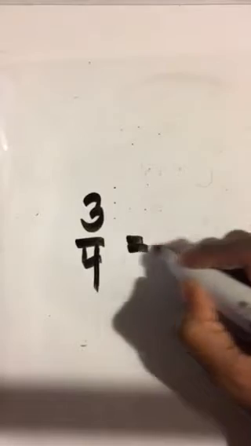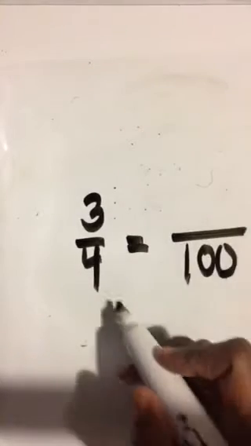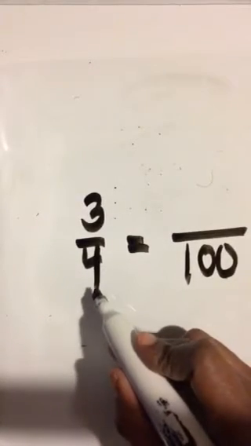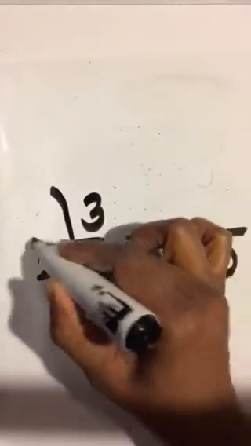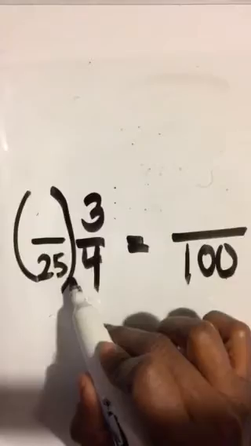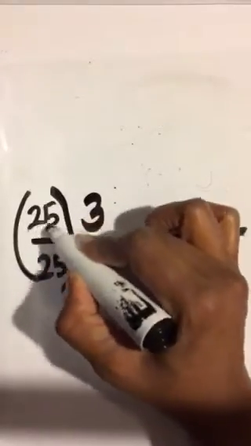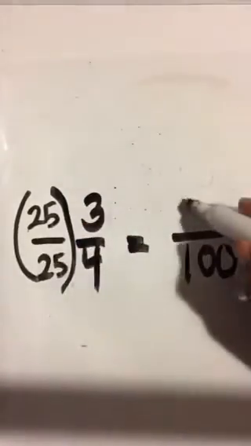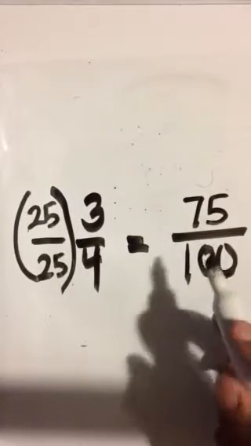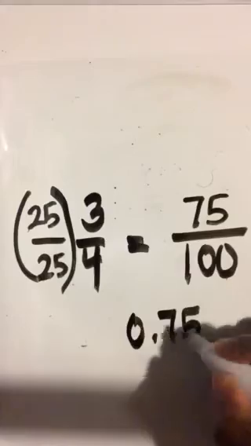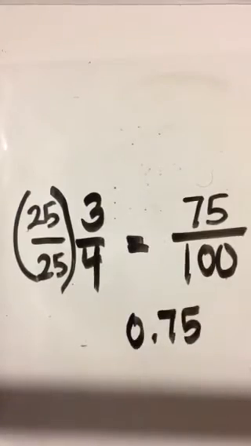Three-fourths. Set it equal to 100. 4 quarters equal $1. And whatever I do to the denominator, I have to do to the numerator. 25 times 3, or 3 quarters, is 75. So 3/4 is equivalent to 75 hundredths. Say the fraction, write the decimal, 75 hundredths.